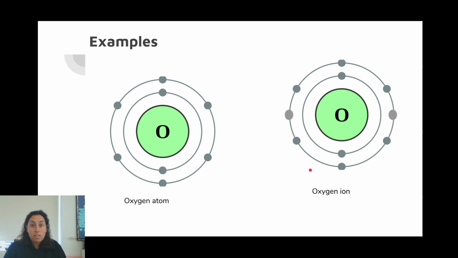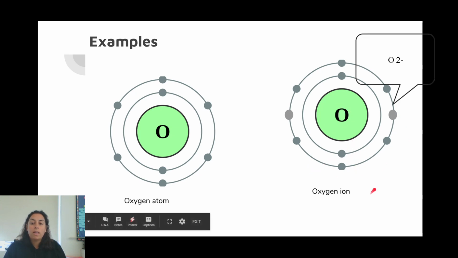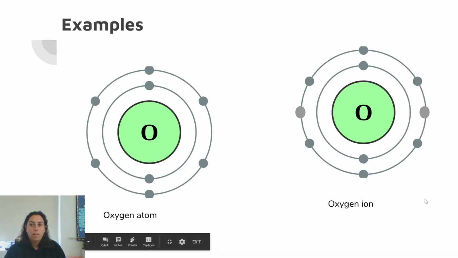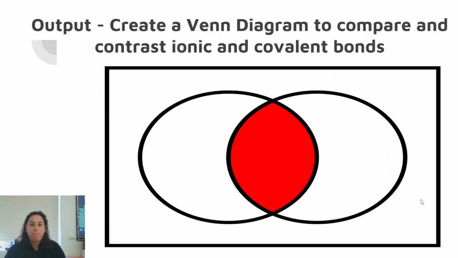Total number of electrons here is 10. Total number of protons is 8. That would give oxygen a 2 negative charge. Don't forget, oxygen will become an anion, a negative ion, whereas lithium will become a positive ion. All right, so you can see that we have the oxygen ion.